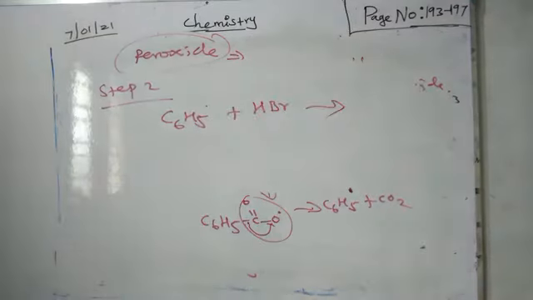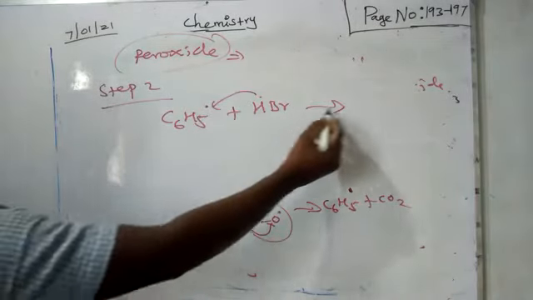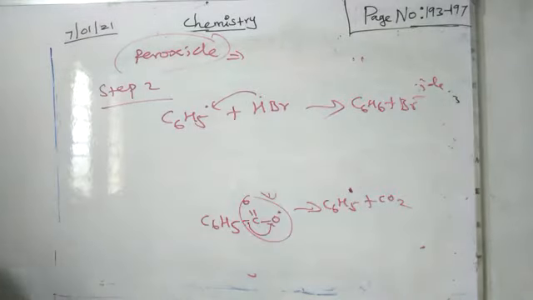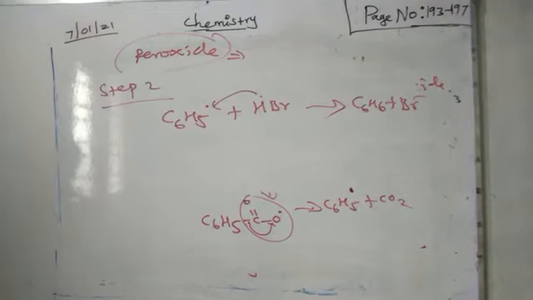What will happen? Always it will attract the H, so C6H6 plus Br minus. Now we got the Br minus group, a nucleophile. That nucleophile will attack the carbon-carbon double bond.